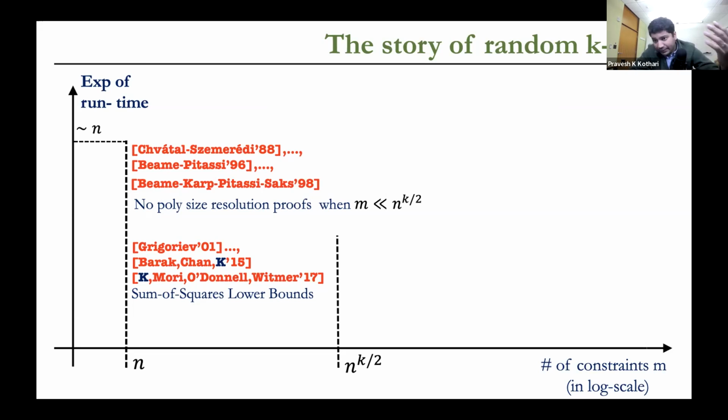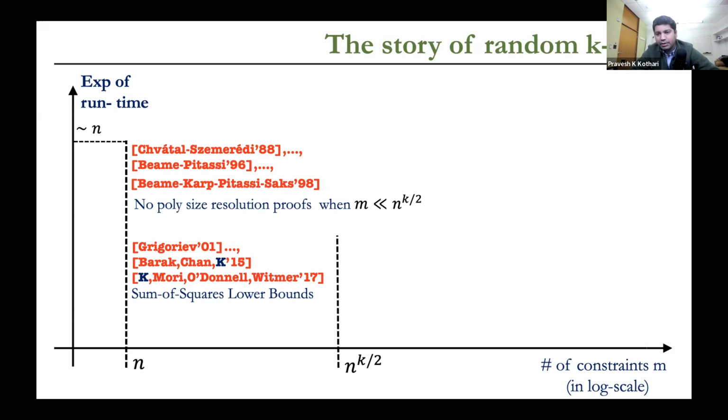When you think of k as always a number bigger than or equal to 3, n to the k over 2 is, in some sense, at least square root of n multiplicatively away from the true bound of n at which the formula should be unsatisfiable.